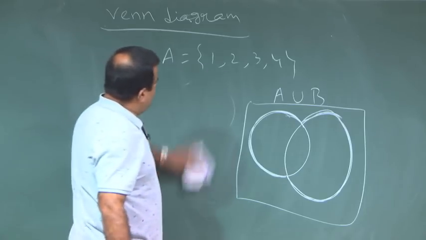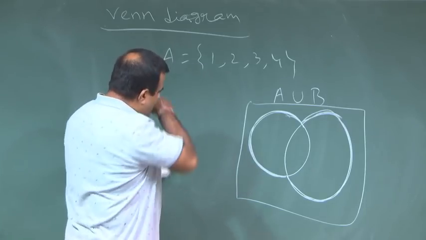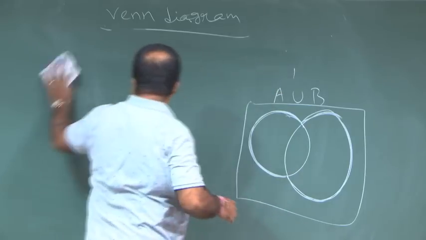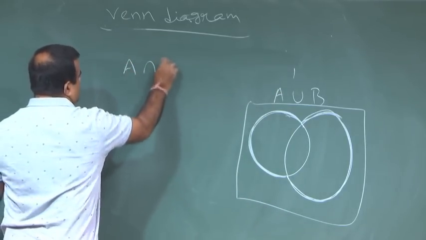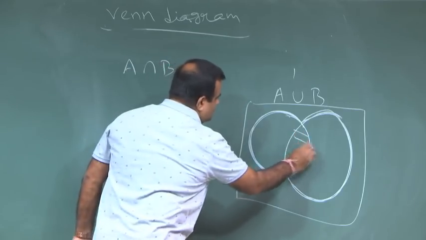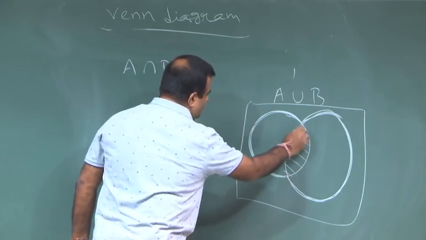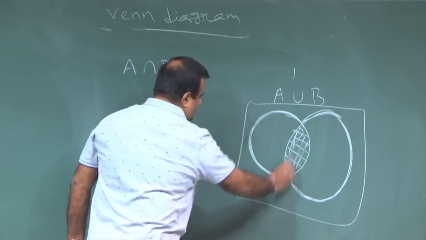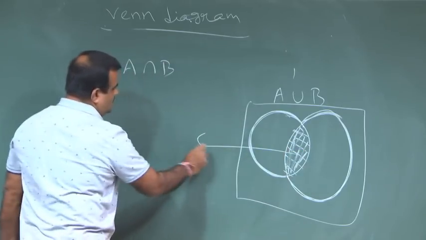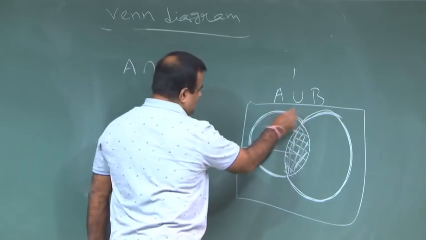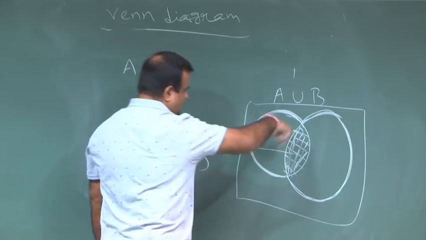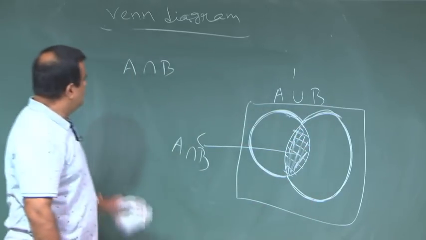Now, what is A intersection B? The intersection is basically this common part. This dark one is A intersection B, and this whole set is A union B.